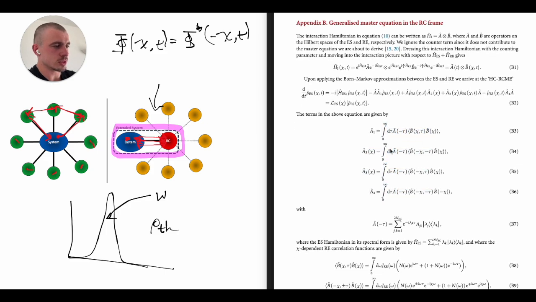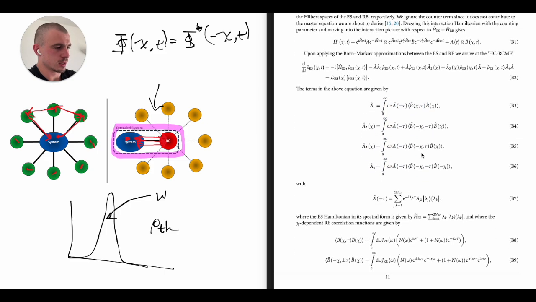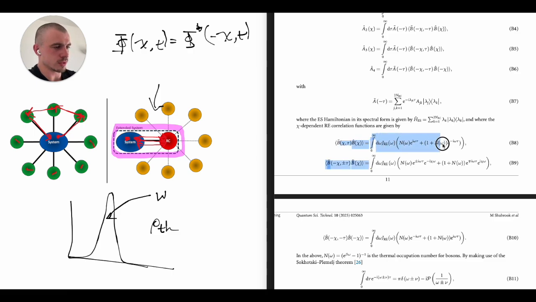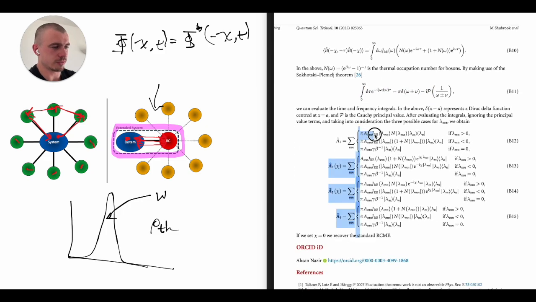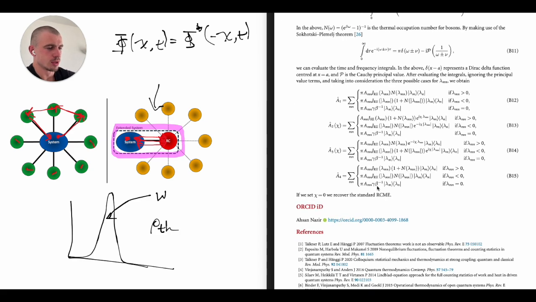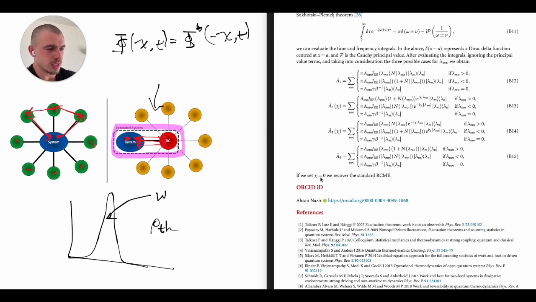We show what these rate operators look like, and then we also have these generalized forms of the bath correlation functions, and then we get definitions of the rate operators, and they all depend on the difference in eigenenergies of the extended system Hamiltonian. And what's really nice about the heat counting reaction coordinate master equation is it depends on this parameter chi, and if you just set chi equal to 0, we get the reaction coordinate master equation back.